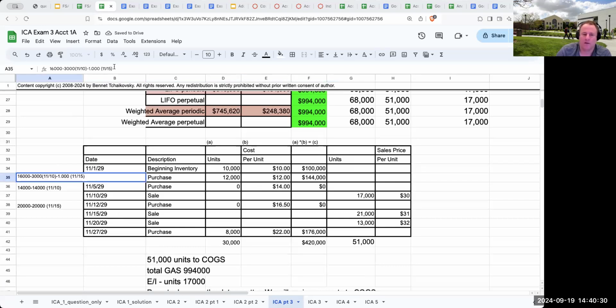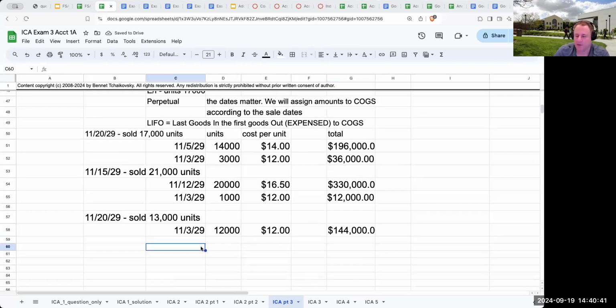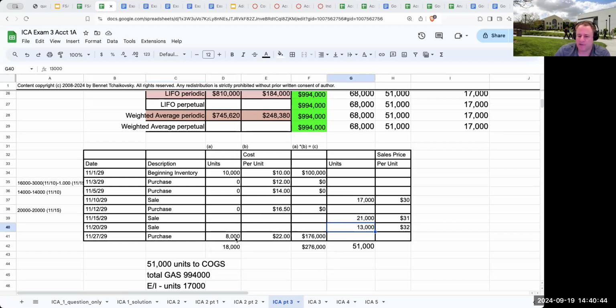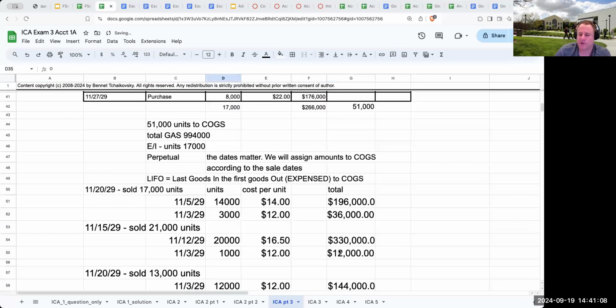So on 11/3, I'm now taking out that remaining 12,000, and that is going to go down to zero. However, I am not done. Last in, first out. This date here has not happened. Don't go to the future. Don't go back to the future. No DeLorean, no hot tub time machine. So what I'm going to need to do is take from these beginning inventory units, because that is all that is left. I just need to take 1,000 units. So once I do that, I'm going to have 9,000 units left.